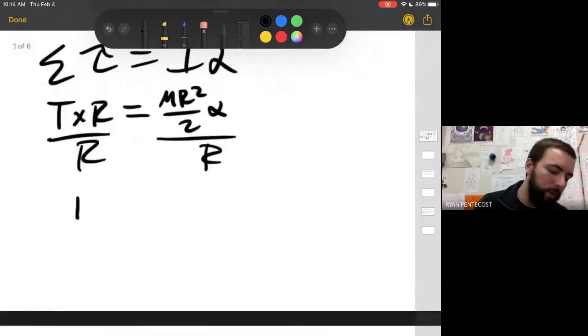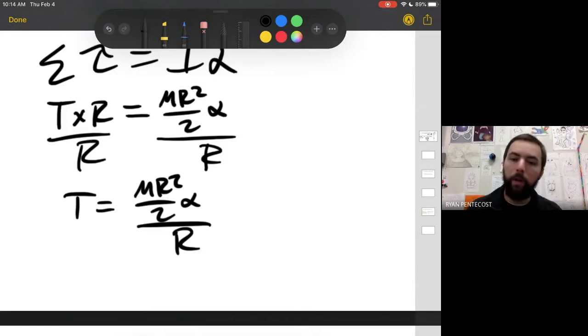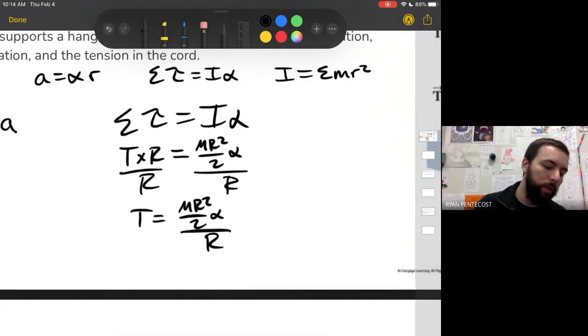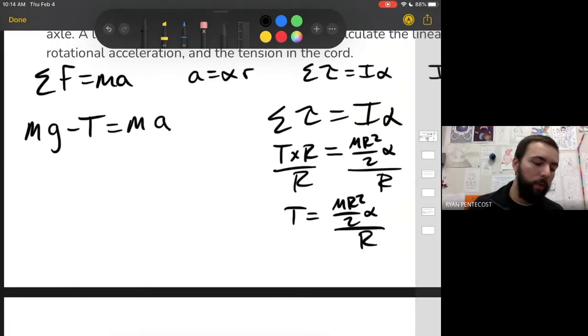Now we've got tension equals mr squared over 2 alpha divided by r. I'm not going to get rid of that r quite yet because we're not done dividing. Like I've said earlier, a equals alpha r. If we put an alpha over here and we've got an a in the same equation, that's just going to cause headaches. Then you can't solve for one because you've got the other.